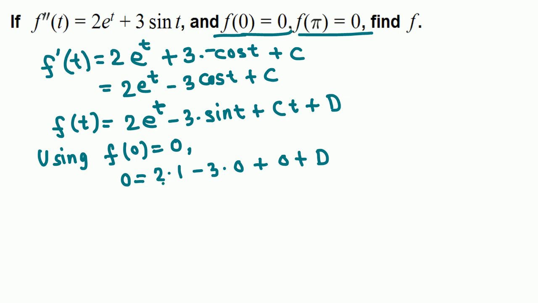So we have 2 minus 0, just 2. Subtract 2 from both sides, and we get d equals -2.